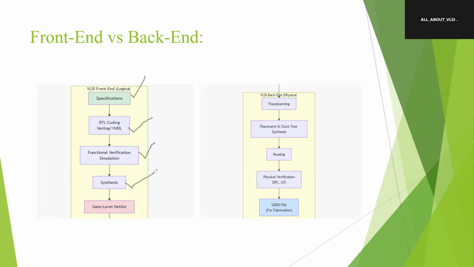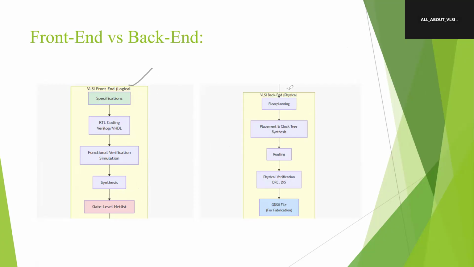At synthesis, we are translating our RTL level code to a gate level netlist, right? So after synthesis, we get the output as a gate level netlist, right? So this is the complete front end flow.